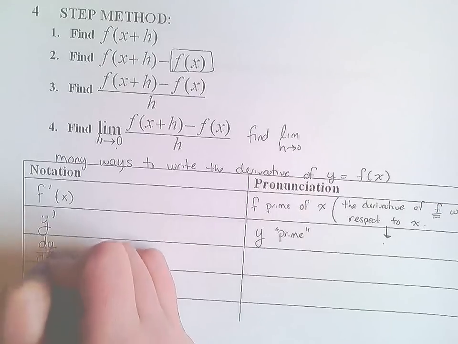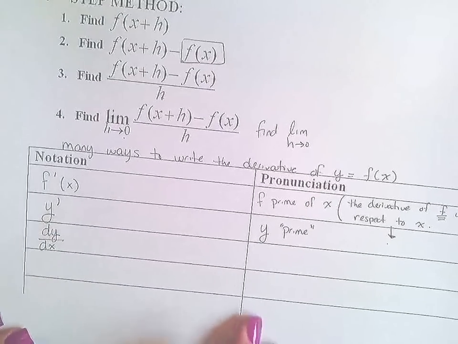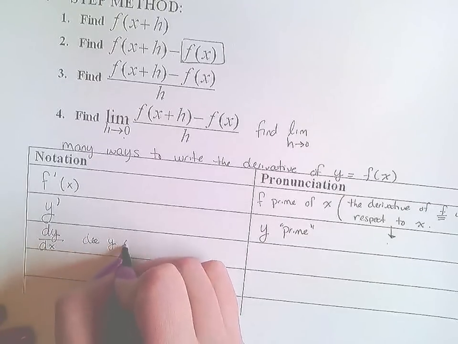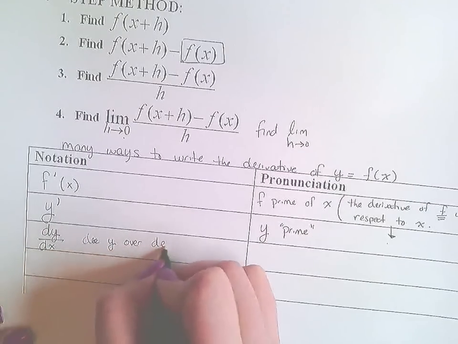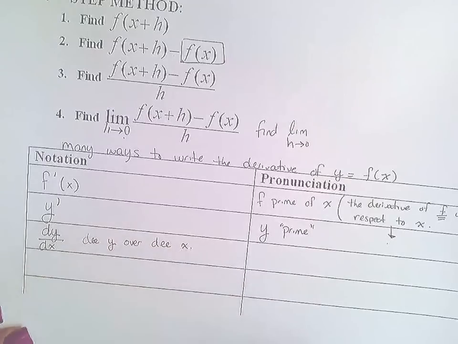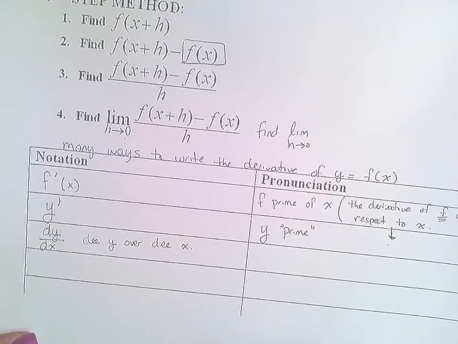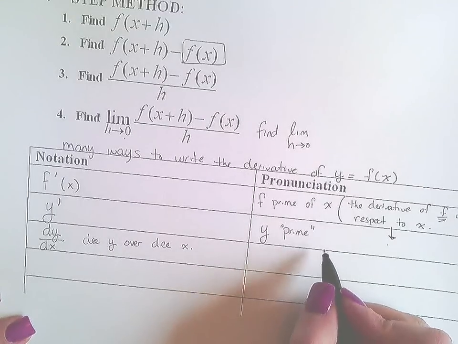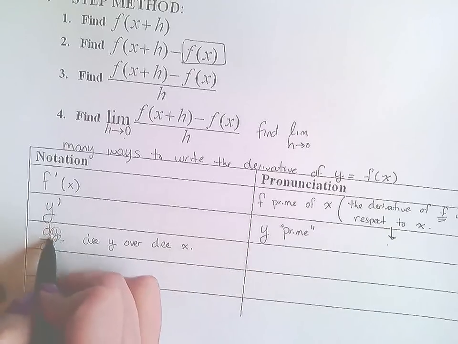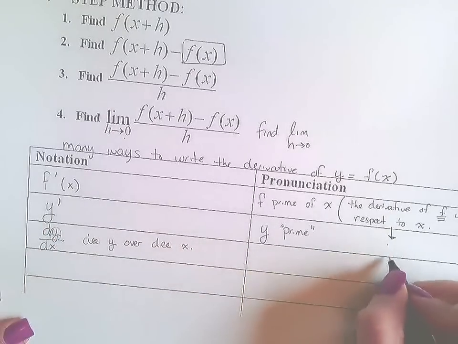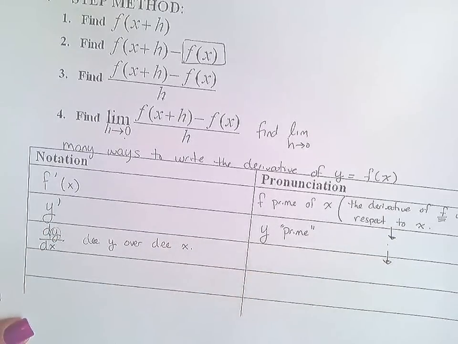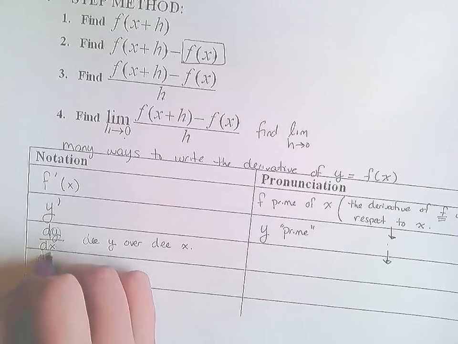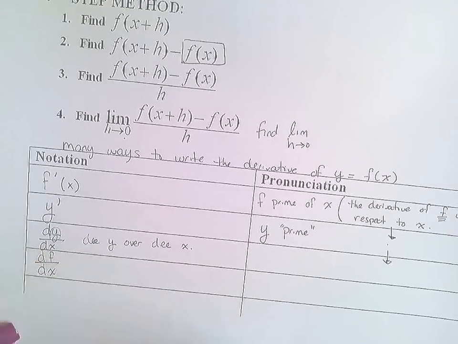So this is not "die" over dx, okay? You literally say it dy over dx. Okay, and this is the derivative of y because we have y. So it's the derivative of y with respect to x.